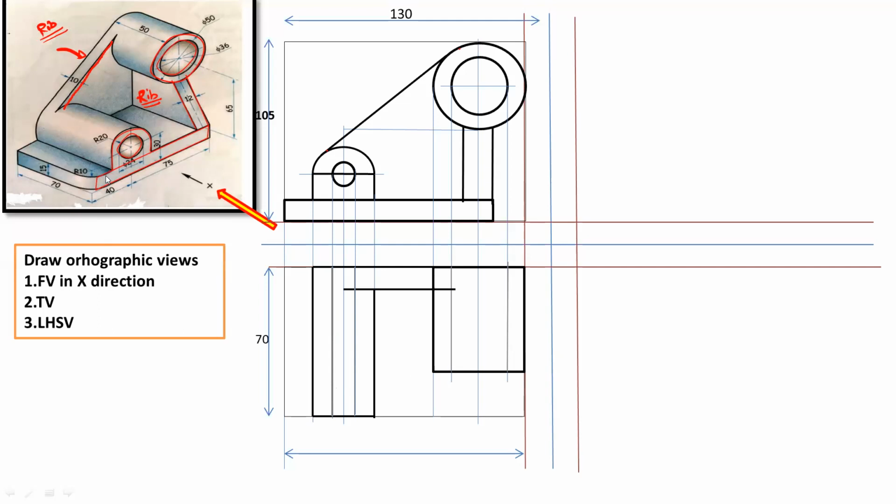I have already explained how to draw the fillet. Basically this is a tangent arc. So draw this fillet having the radius 10 mm and then draw a vertical line. So this is your complete top view.